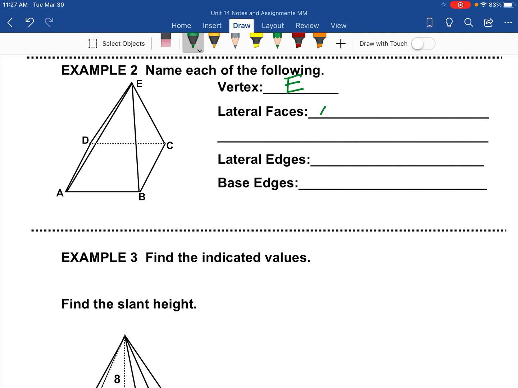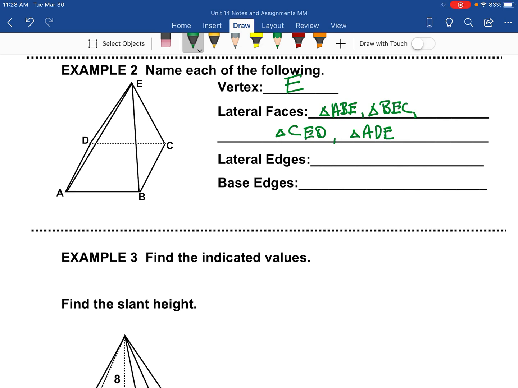So we have triangle ABE, triangle BEC, triangle CED, and finally triangle ADE. Those aren't the exact answers. You can name a triangle with any order of the letters that make up the vertices of the triangle. Just make sure you use the triangle symbol and you have all lateral faces accounted for.